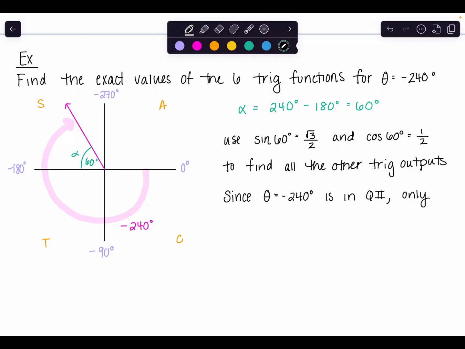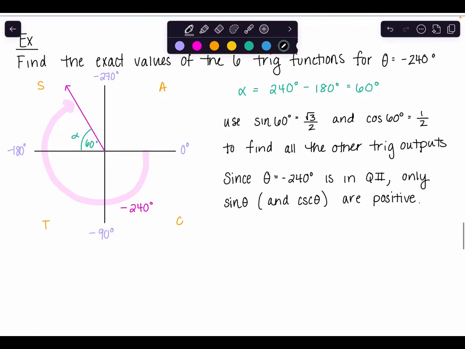Okay. Since theta, our actual angle, is in quadrant 2, we can use our saying, all students take calculus, only sine and hence cosecant of theta are positive.